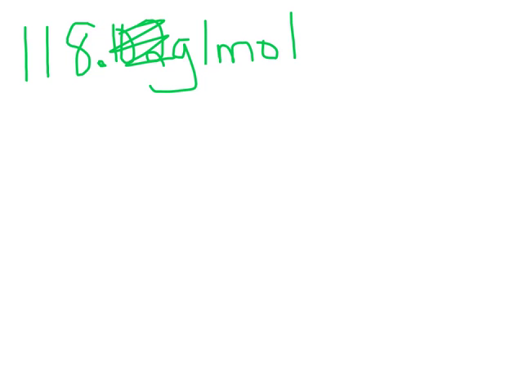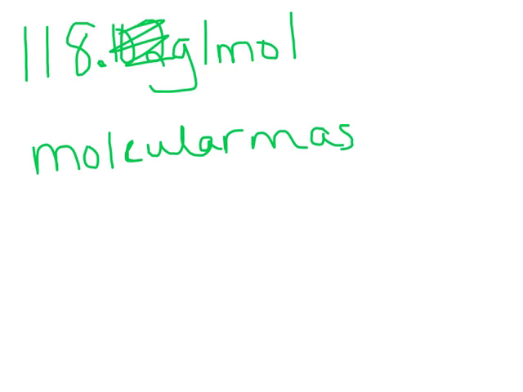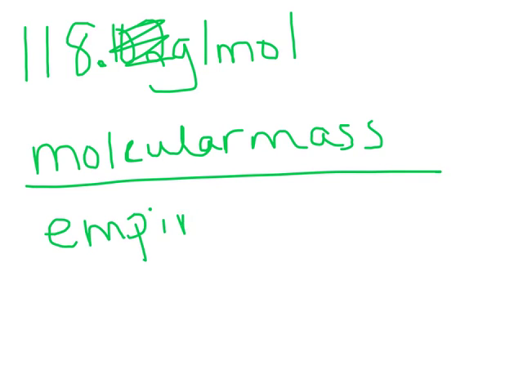So I need to find a ratio relationship between my molar mass, or molecular mass, and my empirical mass, by dividing the molecular mass by the empirical mass, and I'm going to get a whole number, okay?